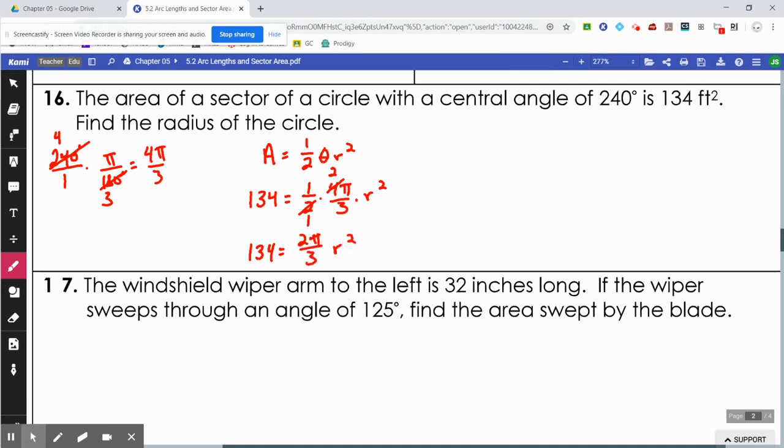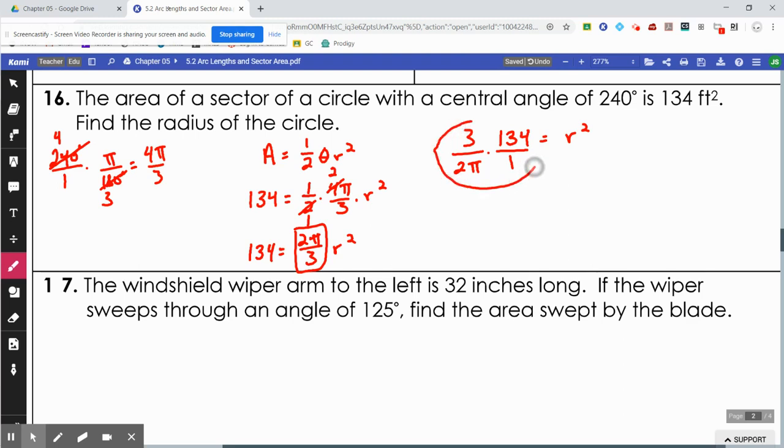Now, reminder, to get rid of a fraction, we're going to go to the other side and multiply by the reciprocal. So let me rewrite this. That'd be 134 equals 2 pi over 3 r squared; when you move the 2 pi over 3 over, you take the other side and multiply by 3 over 2 pi to get rid of it. You can cross cancel there if you want to, or you can just type that whole thing in.